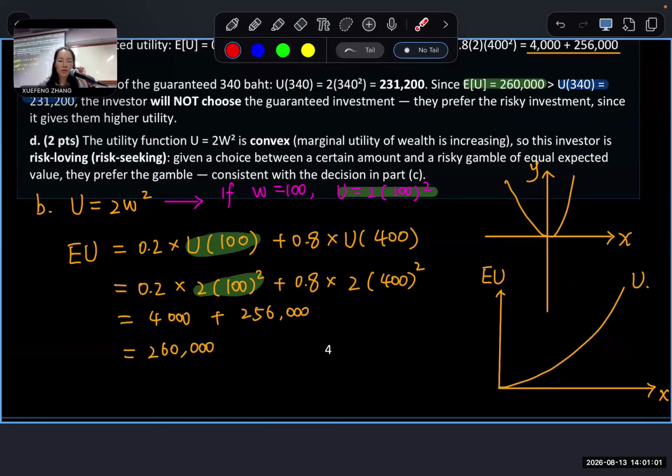So you need to tell me the utility function U equal to 2W squared is convex. If you can draw the graph, that means marginal utility of wealth is increasing. So this investor is risk-loving or risk-seeking. Given a choice between a certain amount and a risky gamble of equal expected value, they prefer the gamble, consistent with the decision in part C.